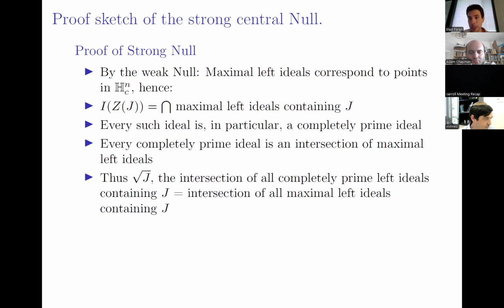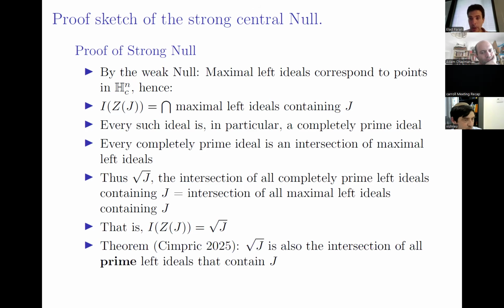This means that the intersection of all the completely prime left ideals containing J is the same as the intersection of the maximal left ideals containing J. Which means that the radical of J, as we have defined it, is I(Z(J)). And that's the proof of the strong version. I basically showed you the whole proof modulo that key technical claim, which I will not have the time to show. So that's this theorem.